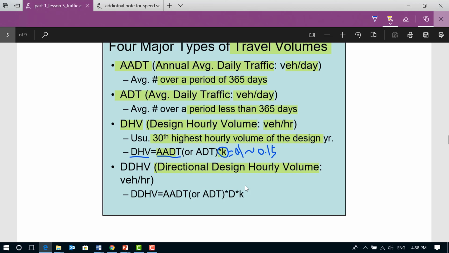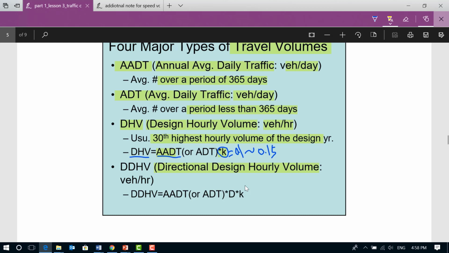You can see the westbound direction, the traffic volume is much larger than the eastbound. Why? Because the two directions have unbalanced design hourly volume. So this unbalanced volume leads to the unbalanced required number of lanes for each direction.